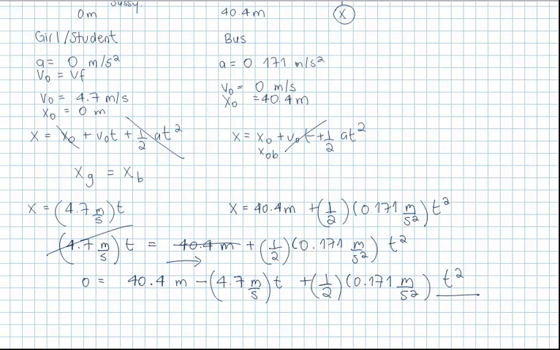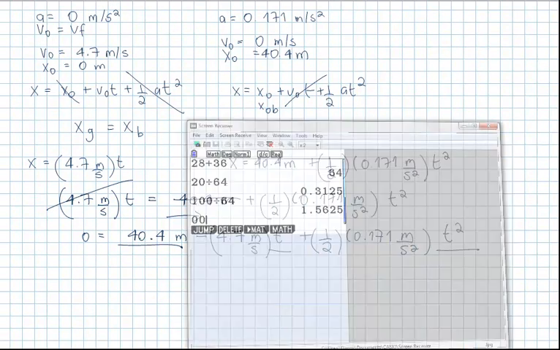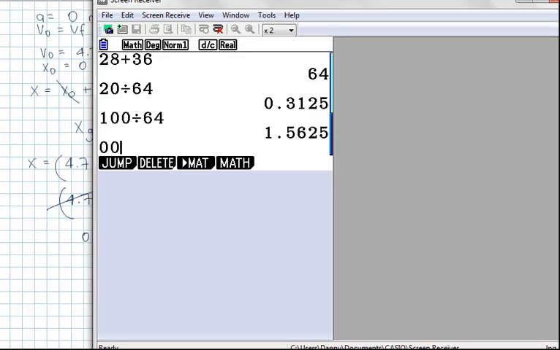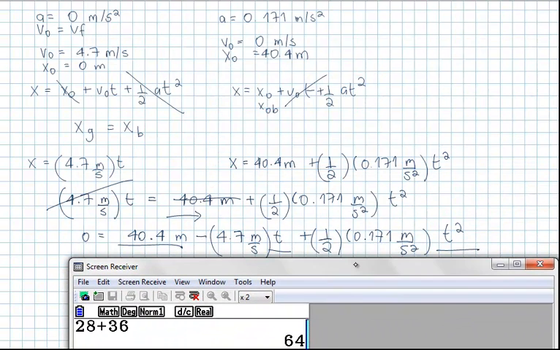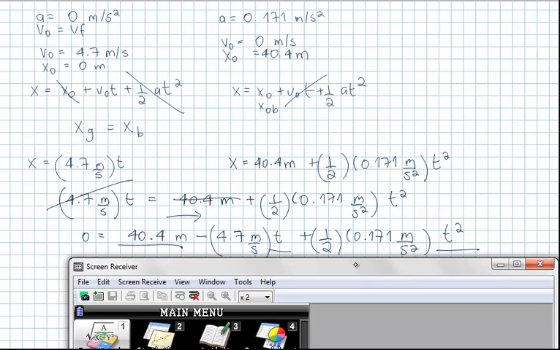We have t squared, t, and a constant. This is the quadratic equation. We could spend a lot of time solving this with algebra, but we're not going to do that. We're going to plug this into the calculator.